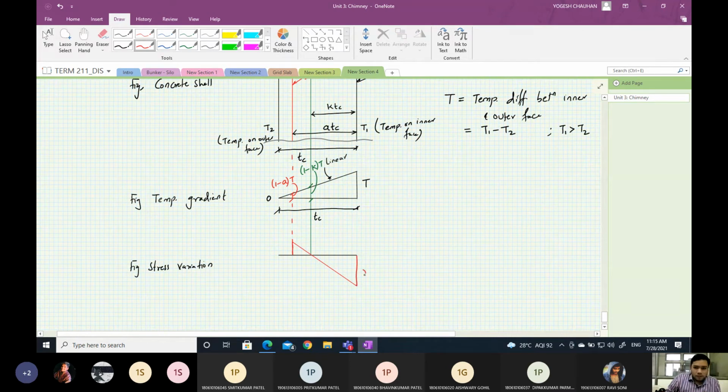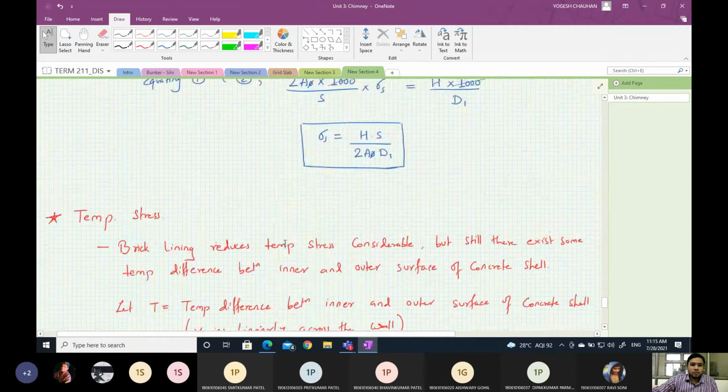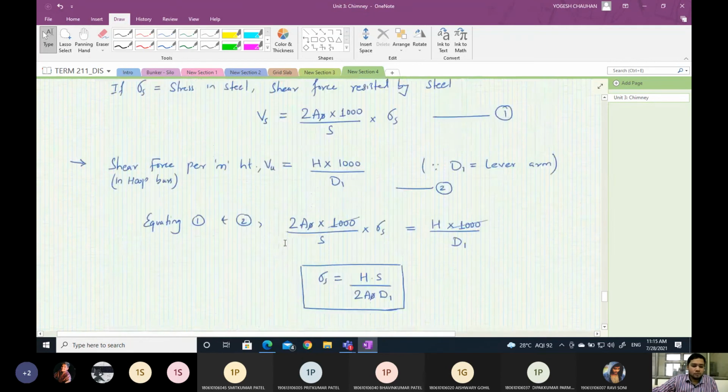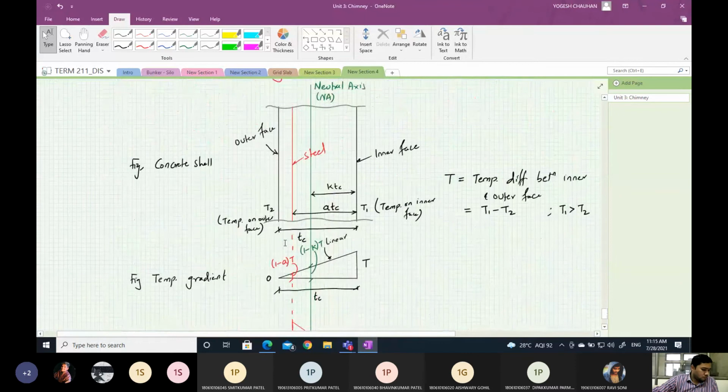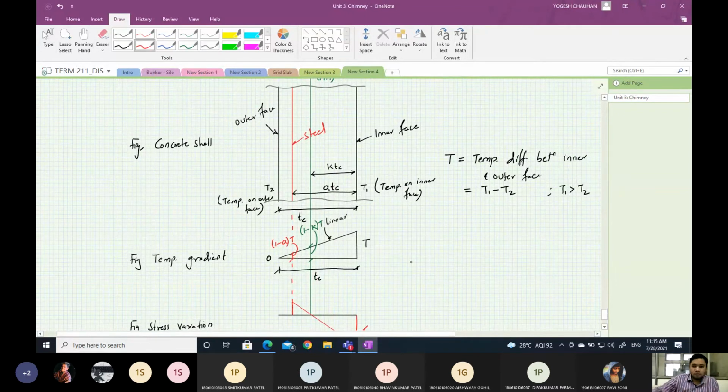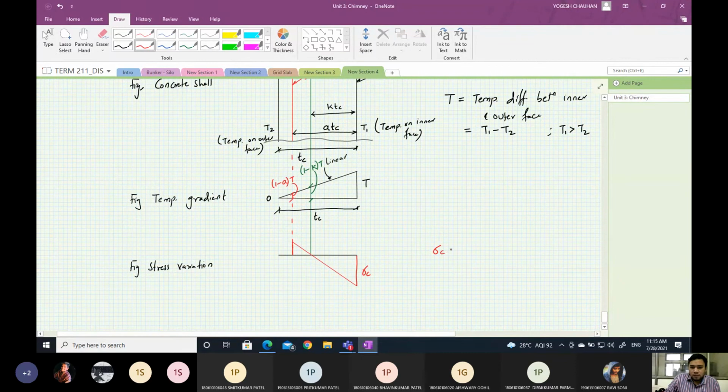So let sigma C be the compressive stress on the inner face, and sigma S be the tensile stress in the steel bars.